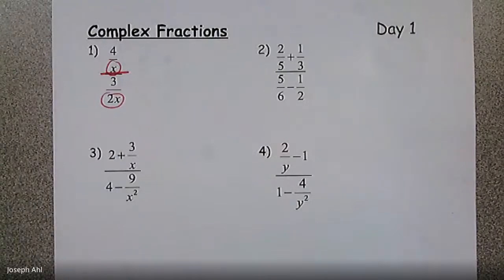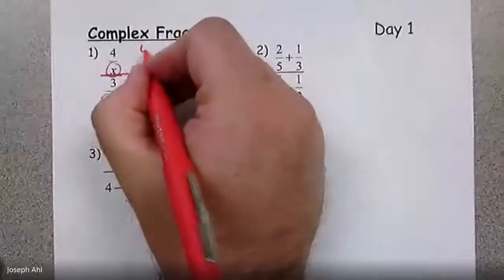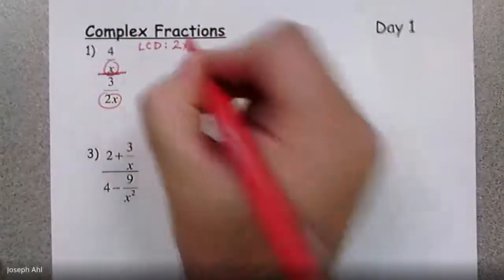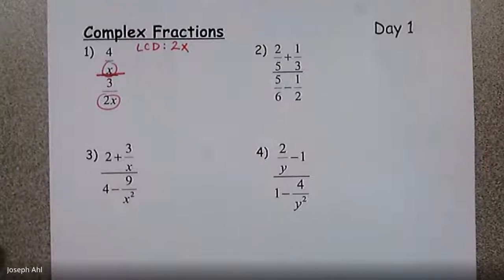Then we're going to identify what the LCD is for those denominators. Whatever the LCD is, we're going to multiply the top and bottom by the LCD in order to simplify the complex fraction. So in thinking about the LCD for this first example, hopefully you can recognize pretty quickly, off the bat, it is 2x.